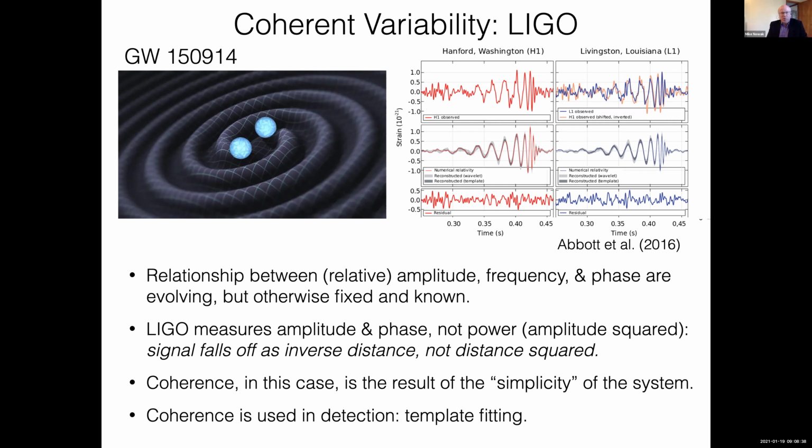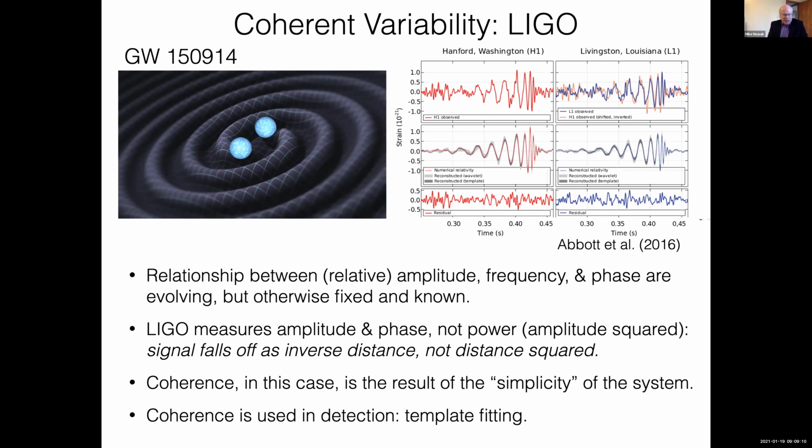Now, this is an example of coherent variability, but what we mean by that is that we know the expected frequency, phase, and amplitude relationship of the whole process. We're not just measuring the energy coming from this merger, we're actually measuring the strain as a function of time, amplitude, and phase, because we know exactly what should be happening here.